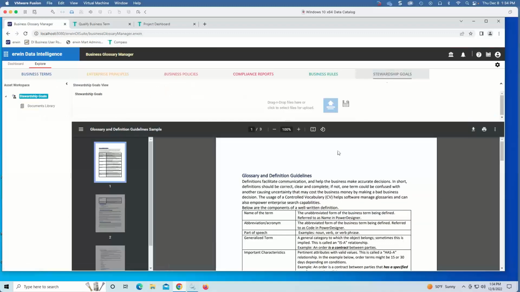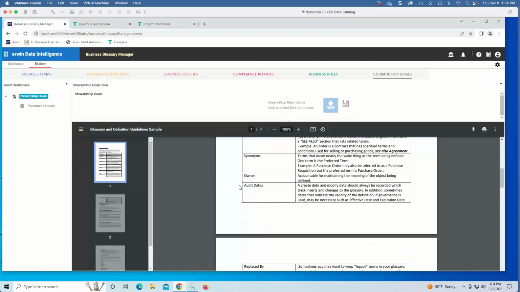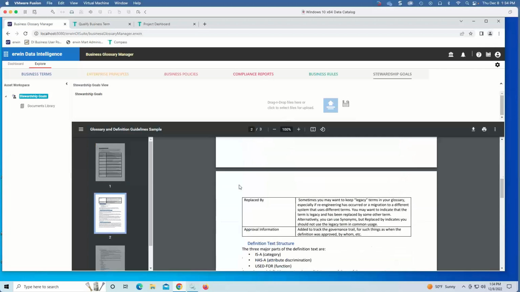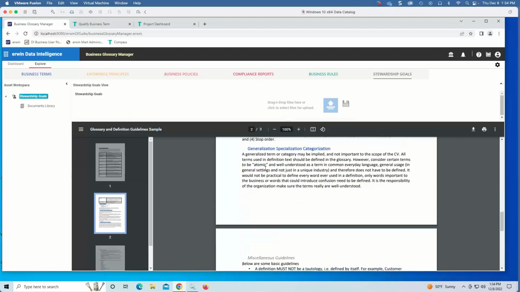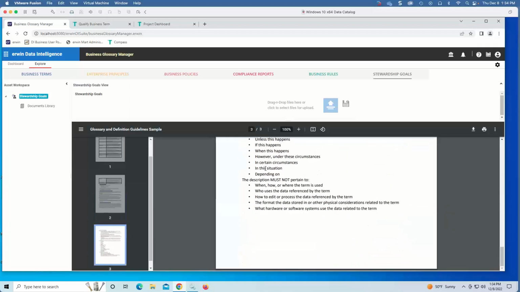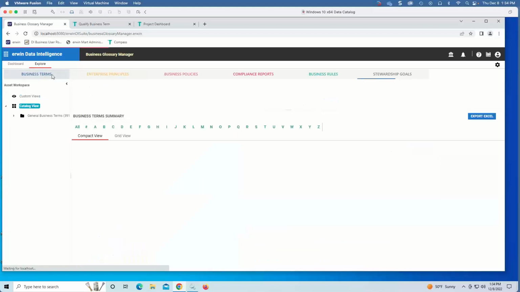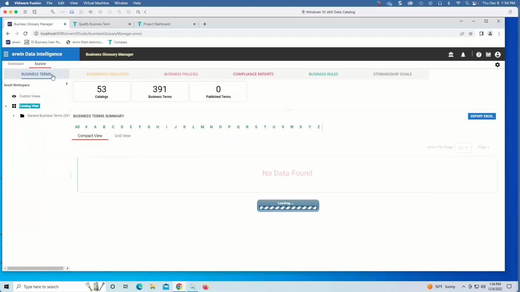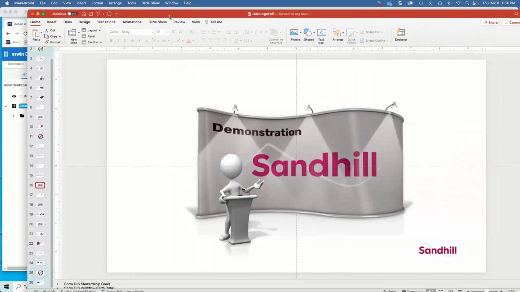So if I'm a steward reviewing something, then I can use what I found in Compass and place it in here to illustrate how the definition structure should look, how we handle generalization within certain things. So yes, you're right, Robert. None of that best practices information is part of a data catalog. You actually have to supply that. Oh, thanks, Jeff. I appreciate it.